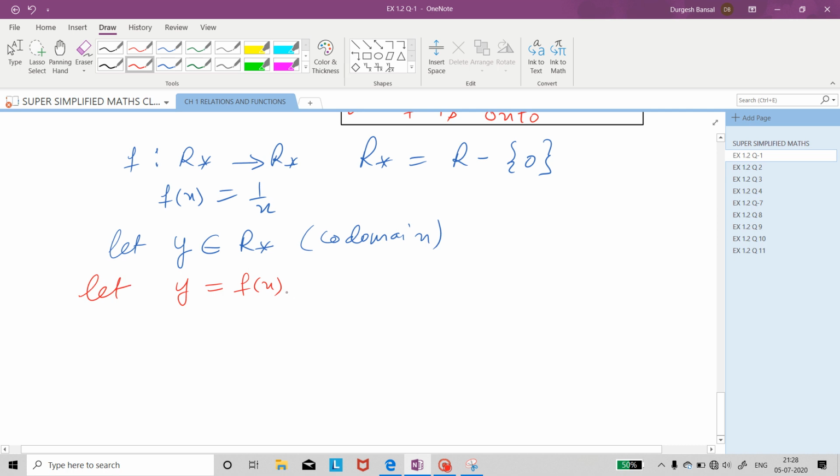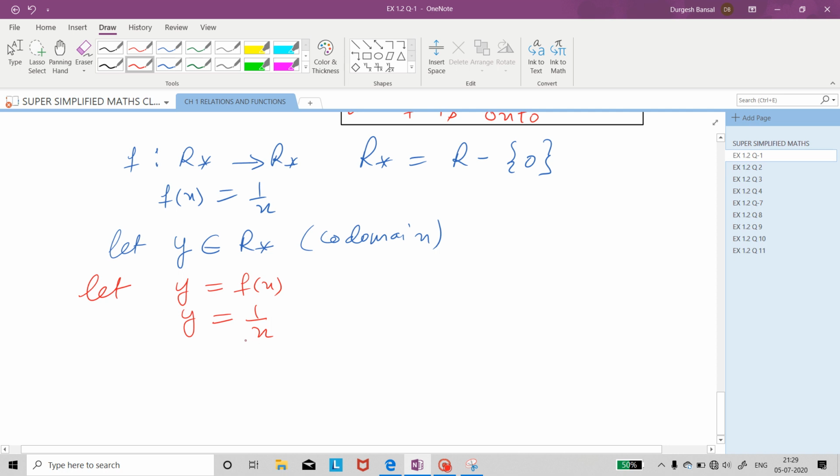Let y be the image of some x. If we are able to prove that this x, whose image we have assumed y to be, is in the domain, then we have proved that for this y, this x existed. So we are assuming y is equal to f(x). f(x) was 1 by x.